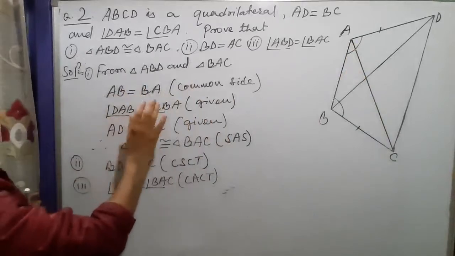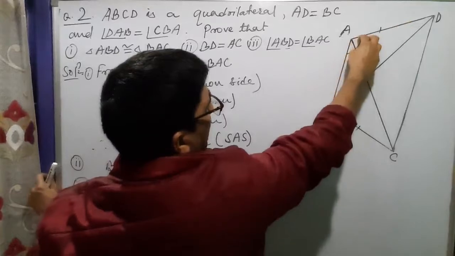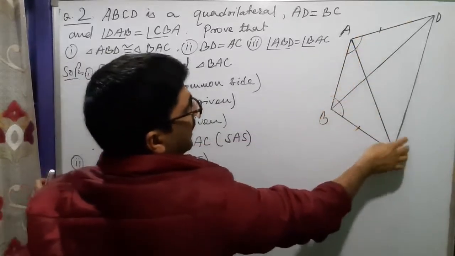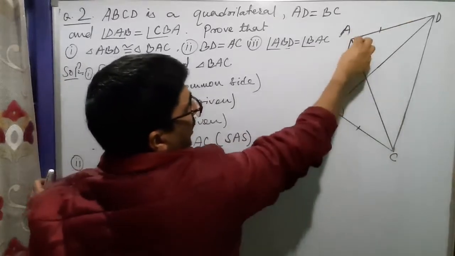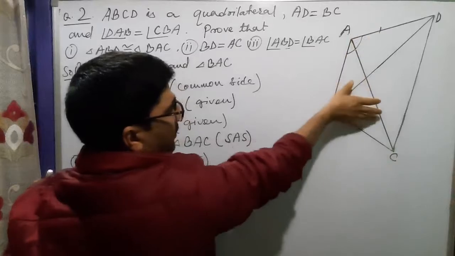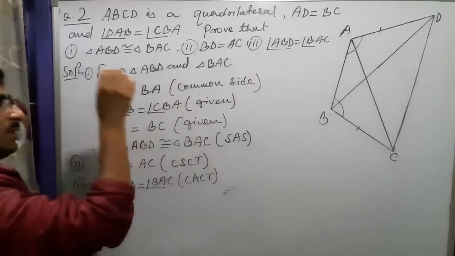DAB equal to CBA: this angle is the angle of this triangle and this angle is the angle of that triangle, which is also given. Then AD equal to BC is also given in the question.